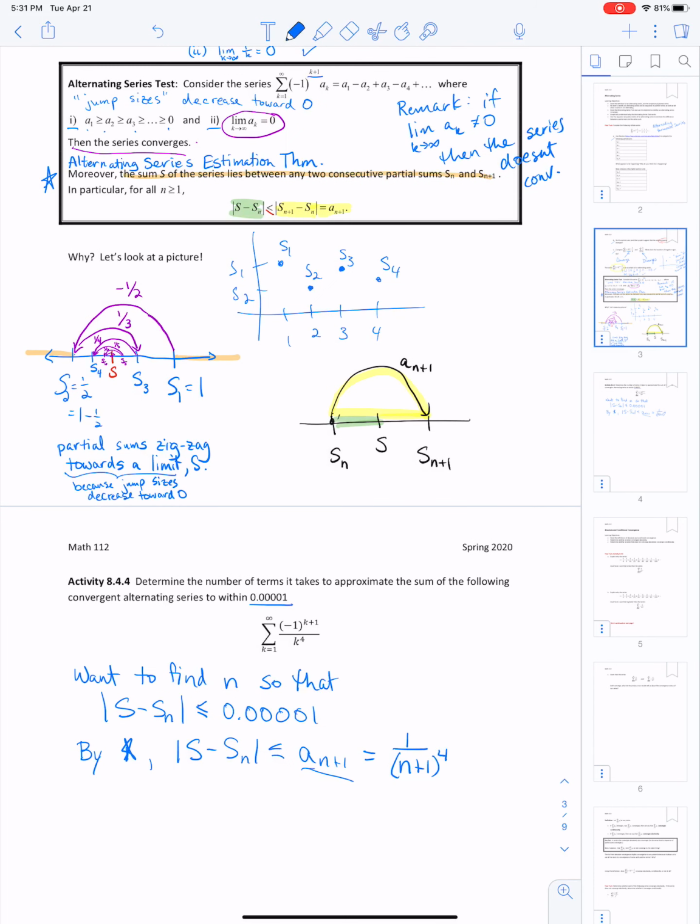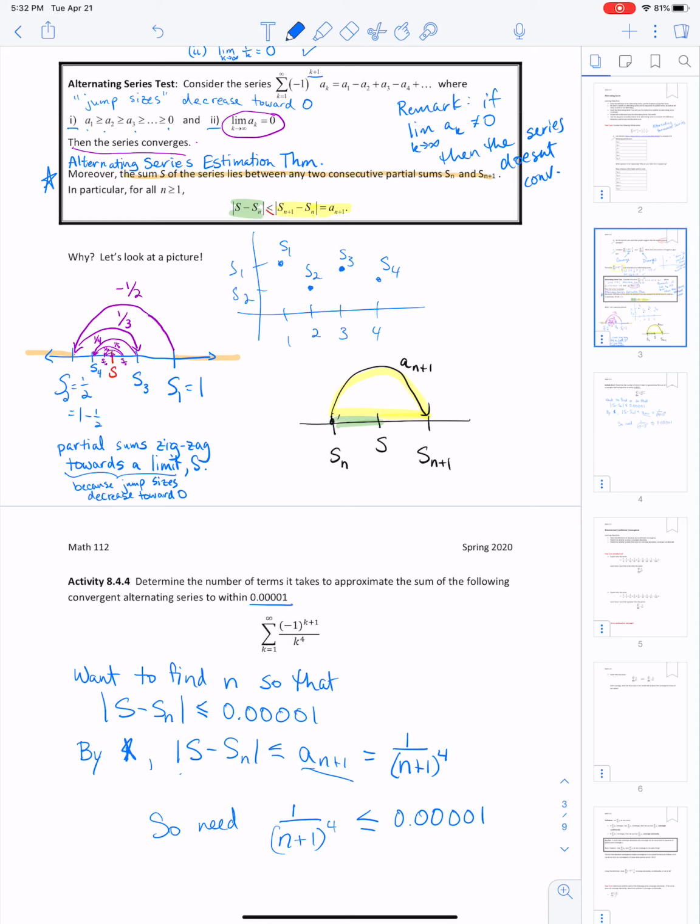So what we want is for this S minus Sn to be less than or equal to 0.00001. So let's set this up. We need 1 over (n+1) to the fourth to be less than or equal to 0.00001.